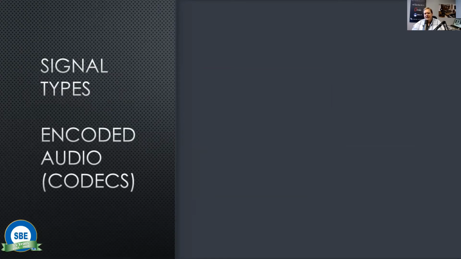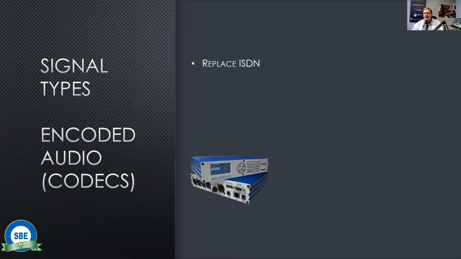So now let's talk a little bit about some encoded audio. It is a form of AOIP, but since this is actually bit-reduced audio, it's not quite what we would normally think of as our in-studio AOIP. But these audio codecs, and I know, Mark, you probably recognize these, the Bridgets from Tieline, they can replace ISDN.